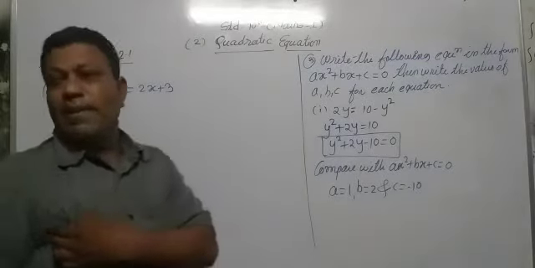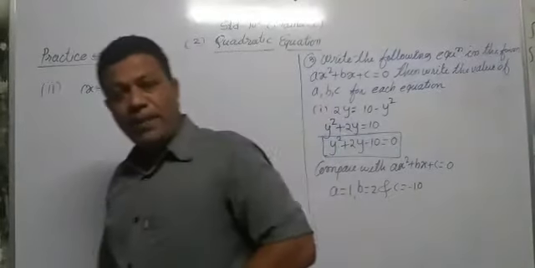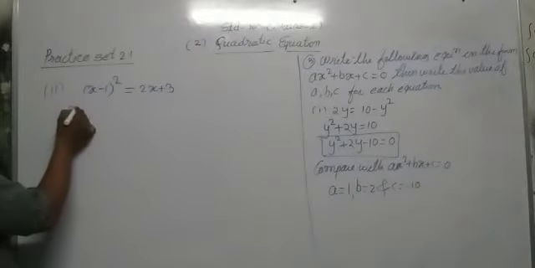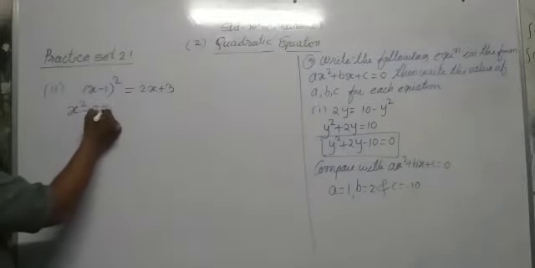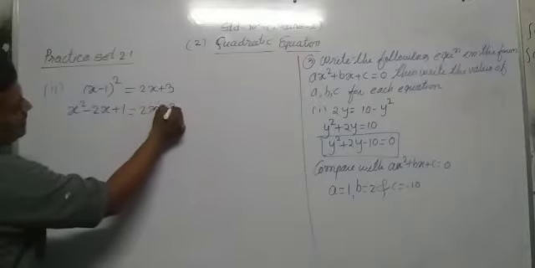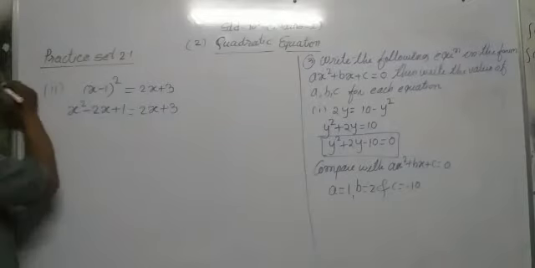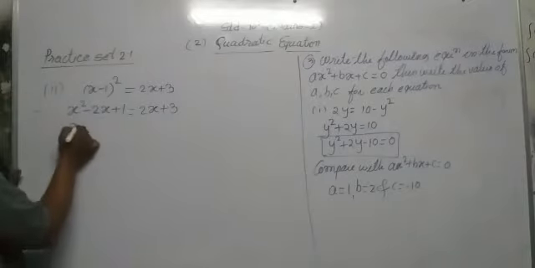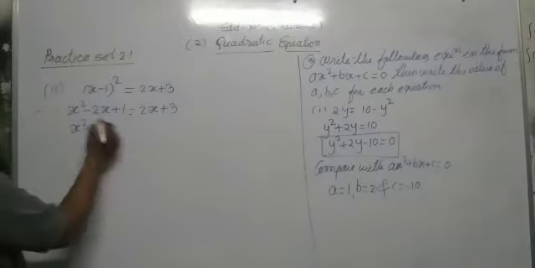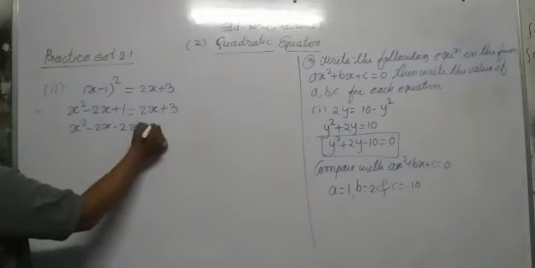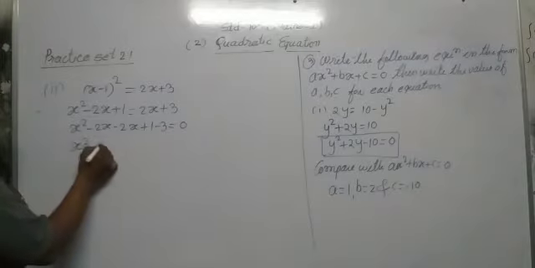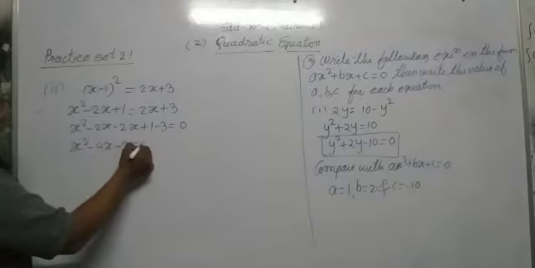The formula of a minus b bracket square is a square minus 2ab plus b square. Using that I solve it here. That comes here: x square minus 2x plus 1 is equal to 2x plus 3. Okay. Now x square minus 2x, transfer that 2x also, minus 2x plus 1 minus 3 is equal to 0. Means we get here x square minus 4x minus 2 is equal to 0.